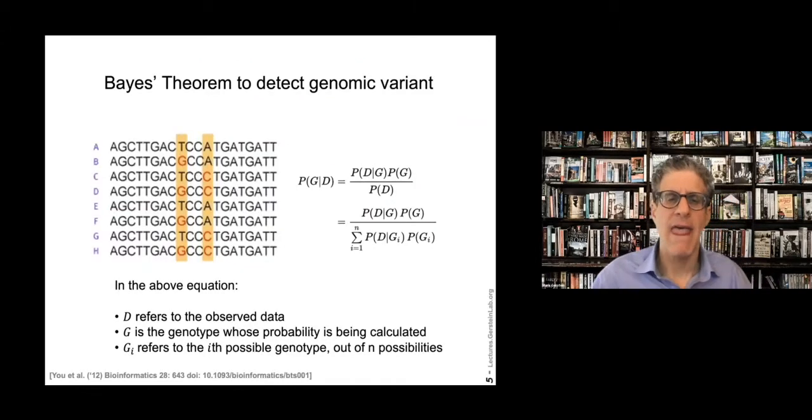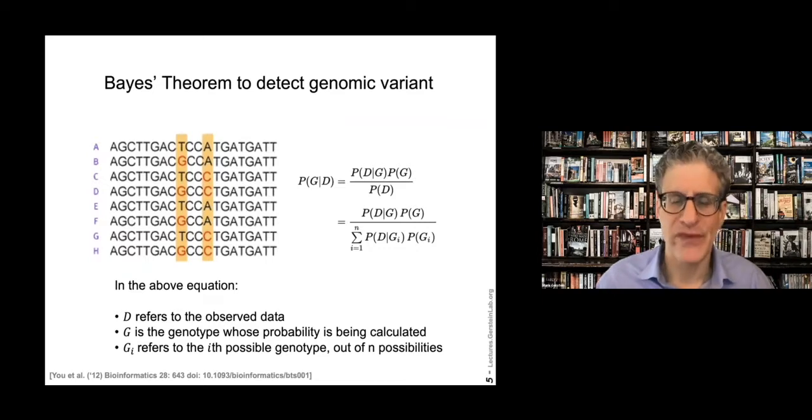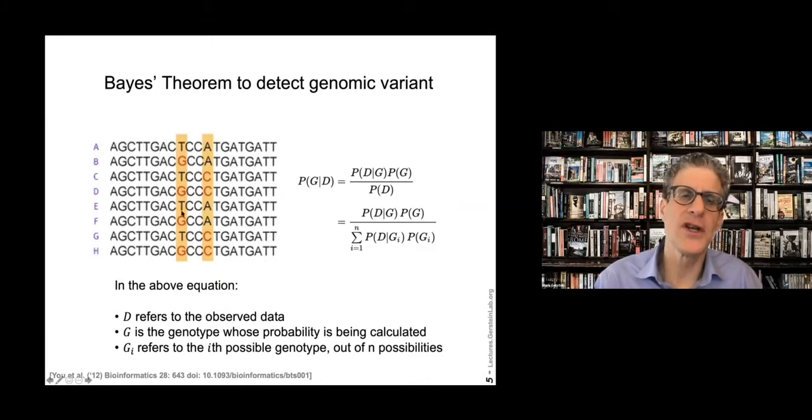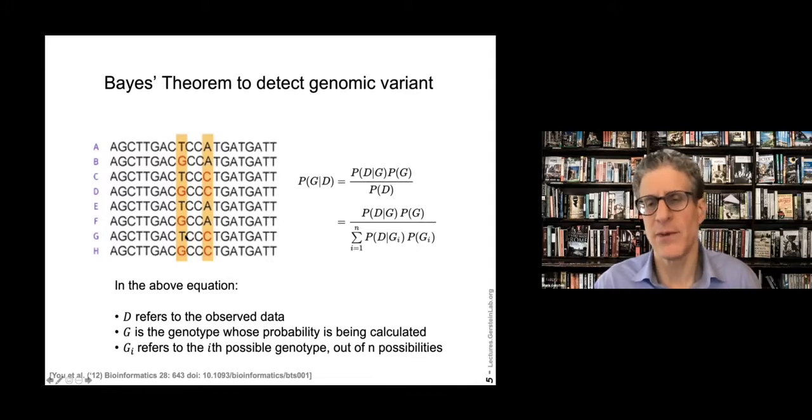Okay, so how do we find single nucleotide variants from a big stack? Imagine we do a massive multiple alignment. We stack up all of these reads using BWA or whatever. And we want to know if this column, which seems to have some aberrant bases, corresponds to a variant.